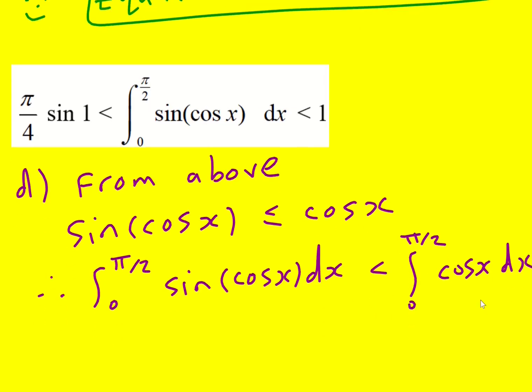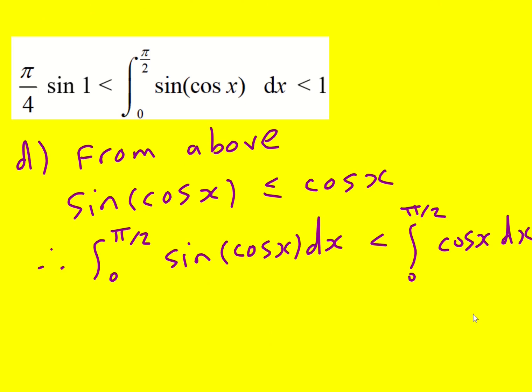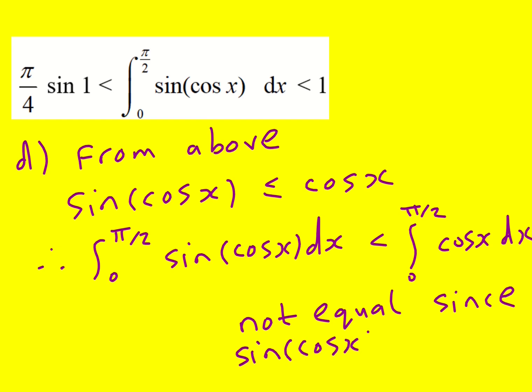And we can change this to a less than sign, so not equal, since sine cos x only equals cos x in one place. If they were equal everywhere, then yes, the inequalities would be equal. But we can be sure that this is going to be less than, not equal.